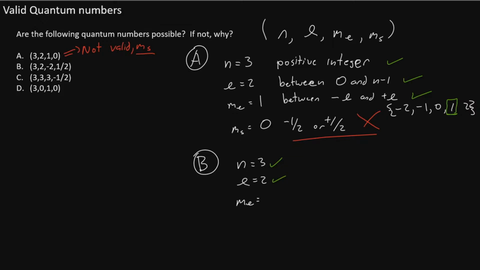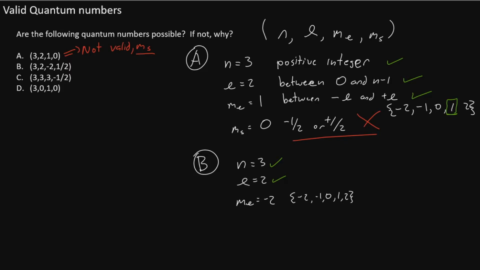Now remember, ML must be between negative L and positive L. We were given an ML of negative 2 here. And this matches our L. This is between negative L and positive L because our possible ML values are going to be negative 2, negative 1, 0, 1, and 2.